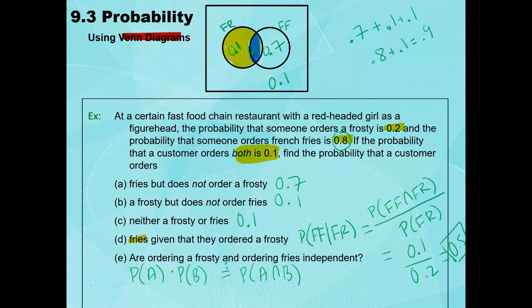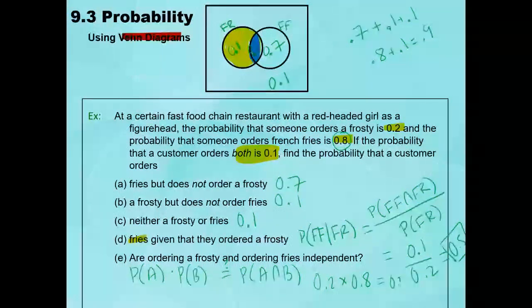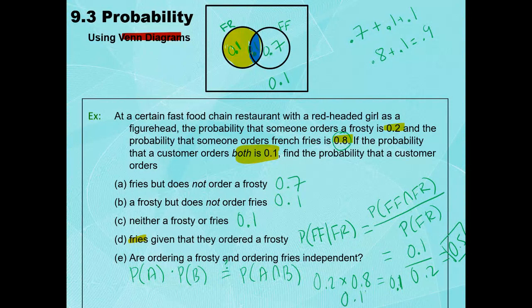So the probability of A, we know, is 0.2 times 0.8. Is that the same thing as their intersection? Right? So 0.2 times 0.8, I get 0.16. So are they independent? No, they're not independent. And that will be something that we can talk about more, in different ways that we can figure out independence, in our next lesson.